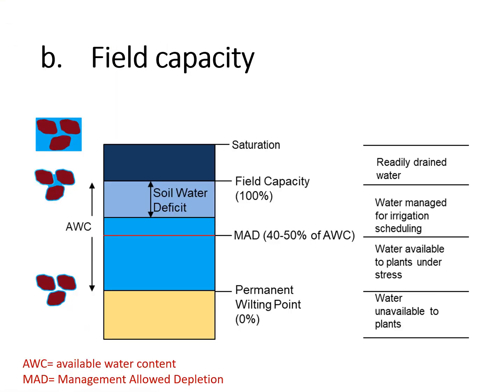The second term is field capacity. Field capacity means that when your gravitational water has already moved on from the root zone, the remaining amount of water in the soil is called 100% field capacity.